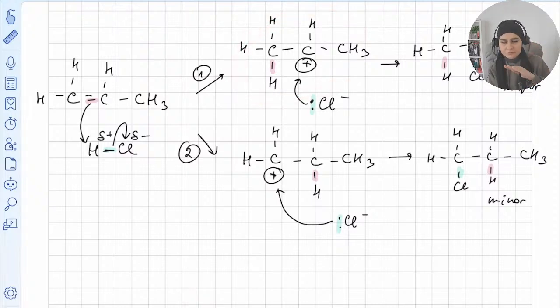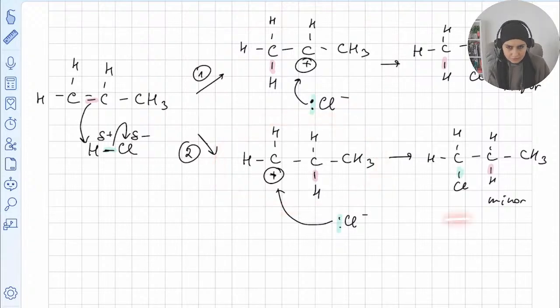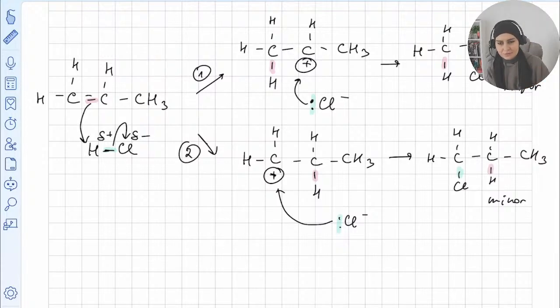So for the answer, if they ask you to explain why this is a major product, you say that 2-chloropropane is formed via the secondary carbocation as opposed to the primary carbocation for 1-chloropropane. Then you say that a secondary carbocation is more stable because it's stabilized by the positive inductive effect, or electron pushing effect, of two CH3 groups as opposed to one alkyl group in the primary carbocation.